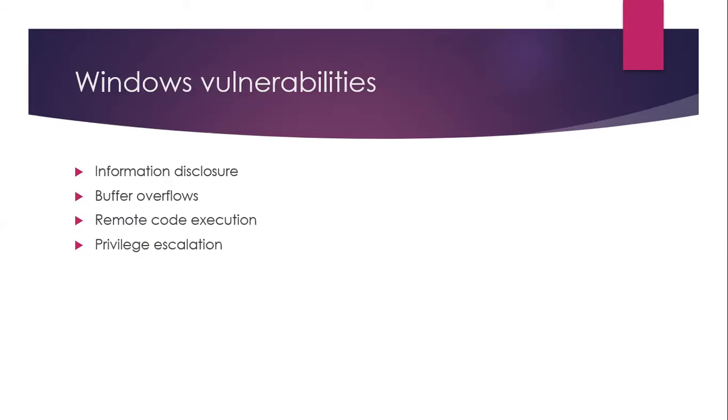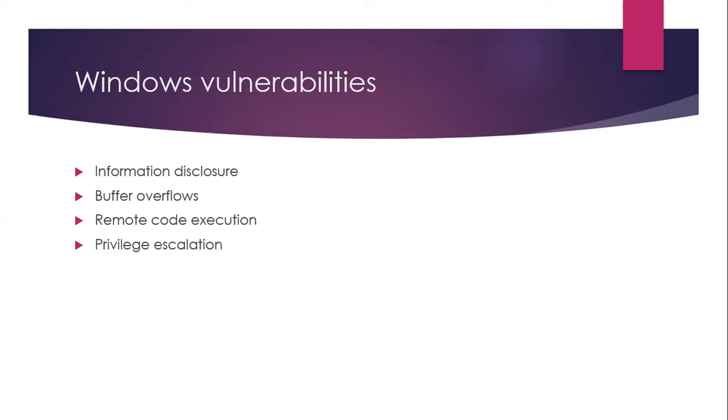So these are Windows vulnerabilities that we tend to encounter day in, day out. Even though Windows keeps updating their operating system, bringing in different kinds of countermeasures and mitigations, irrespective of that, they still have ones that are really vulnerable to attack.